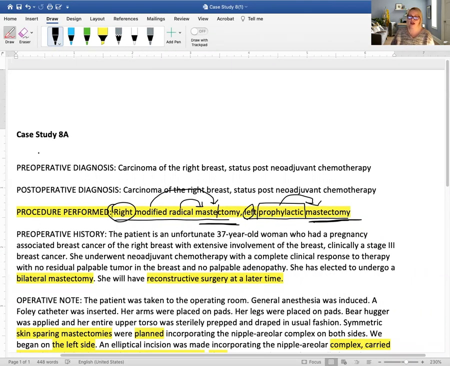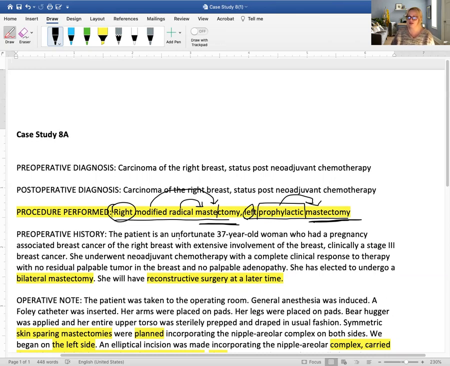What I want to look at is, what is the purpose of the procedure? What's the history? We see she has cancer of the right breast, status post neoadjuvant chemotherapy. So she's already done her chemo.